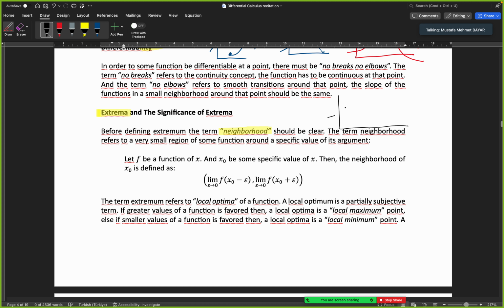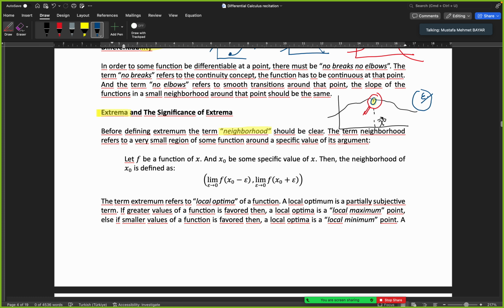So this is your function, and this guy is just x0. And when you just magnify this region, you will see that x0 lives around some place with a radius epsilon.